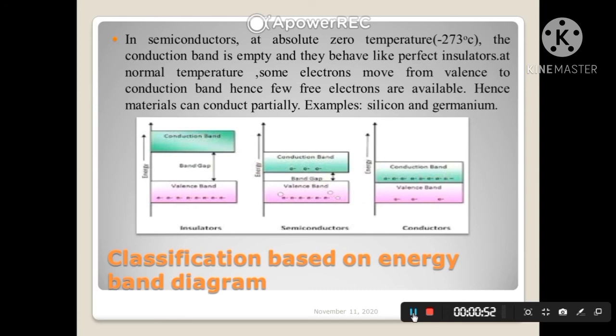Semiconductor is nothing but a material that conducts electricity partially; sometimes it conducts and sometimes it is an insulator. So it is called a semiconductor. We have a diagram here: insulators have a very large band gap, semiconductors a very small one, and conductors have the conduction band overlapping the valence band.